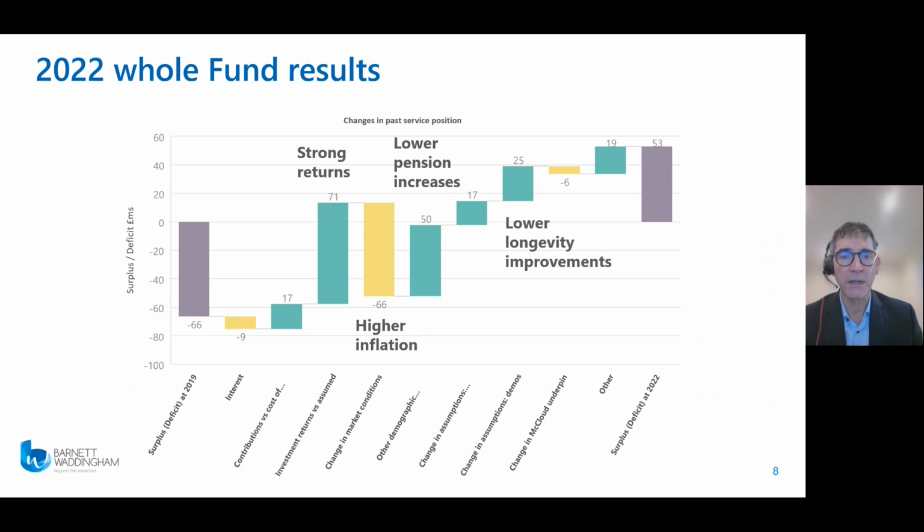So our assumption reflects that, and therefore has reduced the liabilities slightly compared to 2019. On the downside, we're seeing higher inflation at this valuation unexpectedly, and therefore that has increased the liabilities. But all in all, good news.